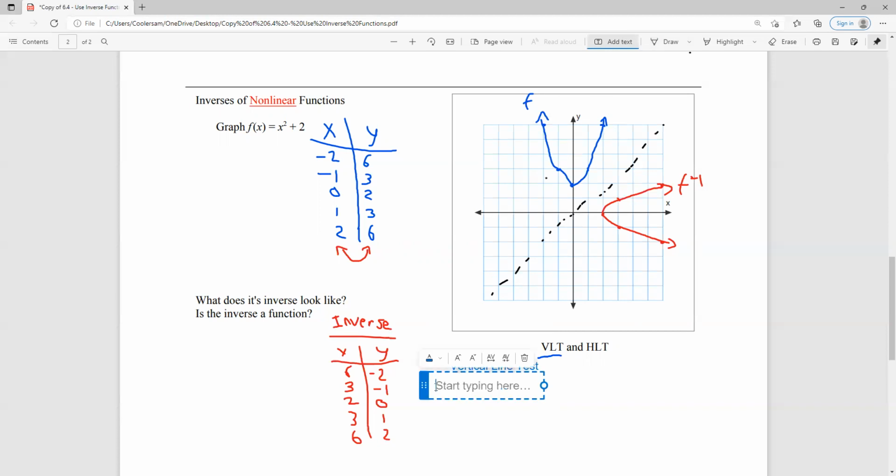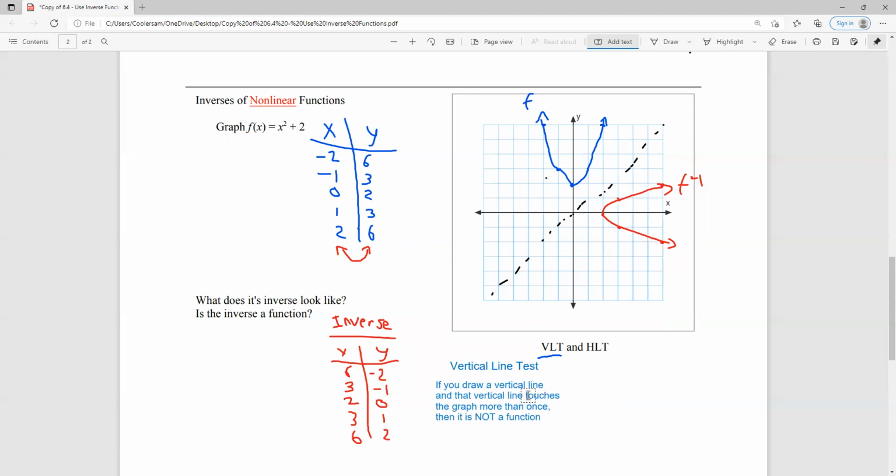And what the vertical line test says is if you draw a vertical line and that vertical line touches the graph more than once, then it is not a function.